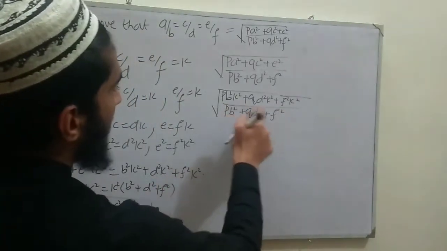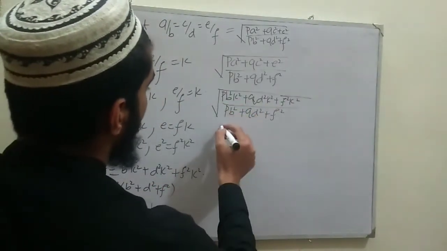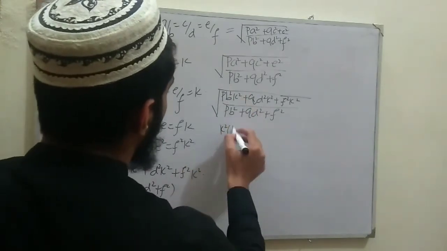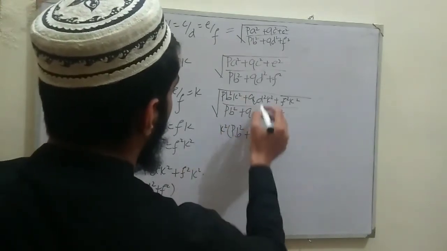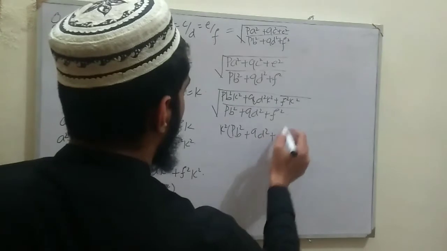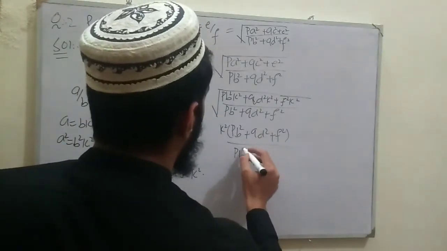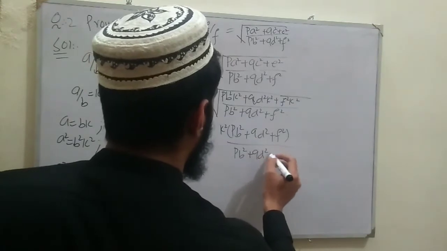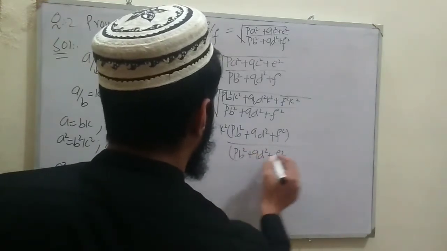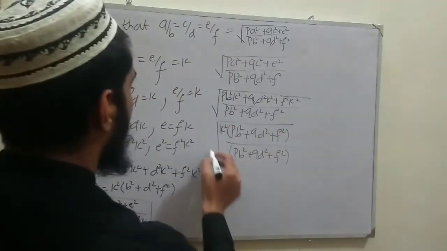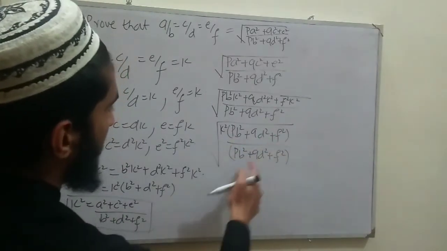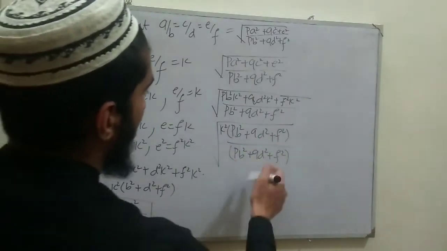In the numerator k square is common in these three, so taking k square common, inside we are left with p b square plus q d square plus f square, and in the denominator p b square plus q d square plus f square, taking the whole under root. P b square plus q d square plus f square will cancel out with p b square plus q d square plus f square.